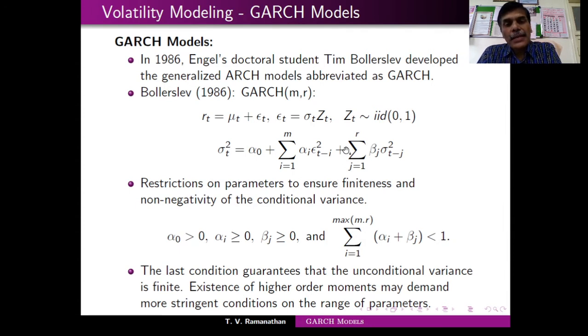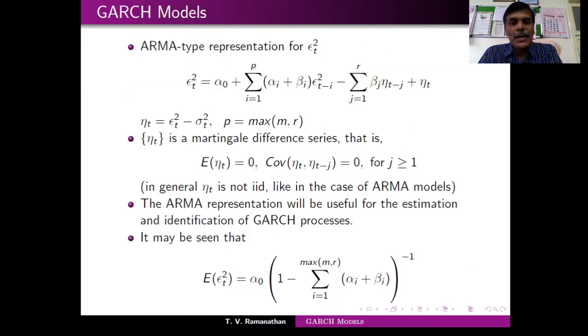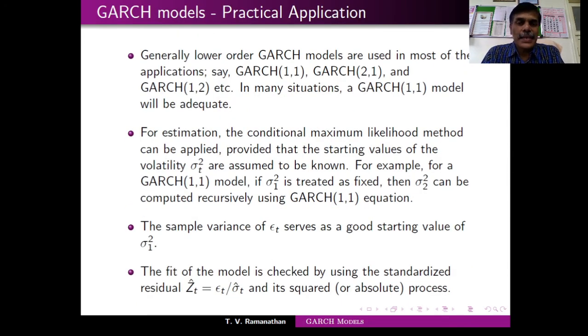Actually, in real practical applications, these m and r will be 1 or 2, generally not exceeding 2. Of course, it doesn't matter even if they do, since nowadays the computer is doing the business. But in most cases 1 or 2 will be sufficient, so GARCH(1,1), GARCH(2,1), GARCH(1,2). In many situations a GARCH(1,1) model will be adequate.